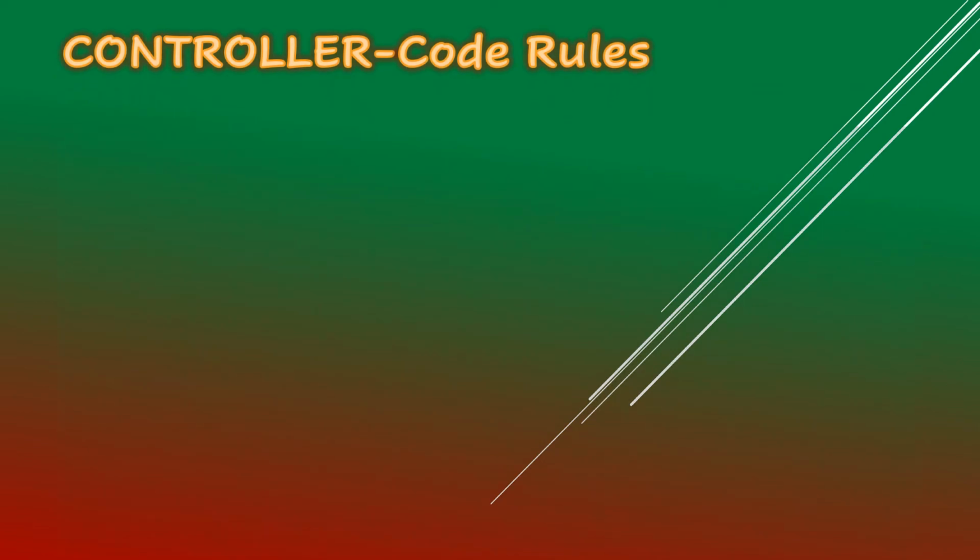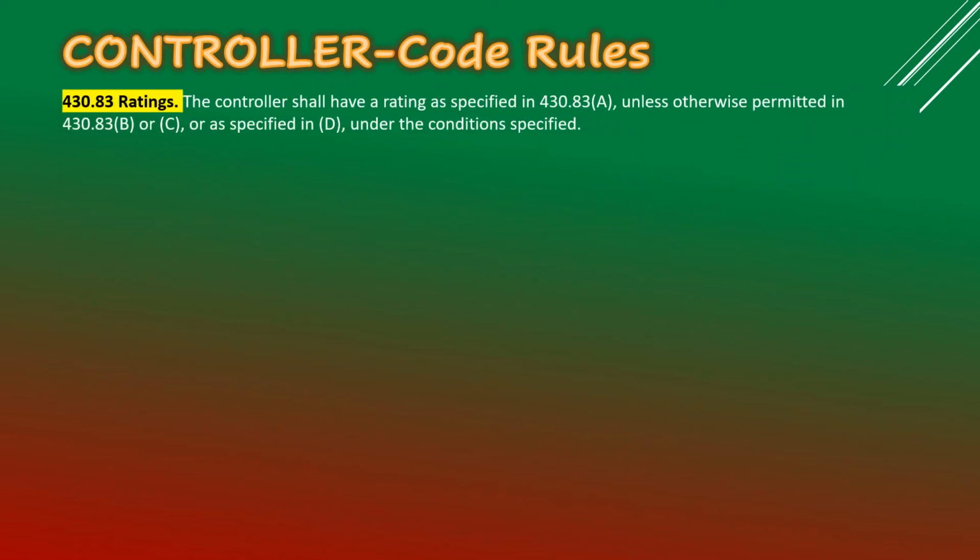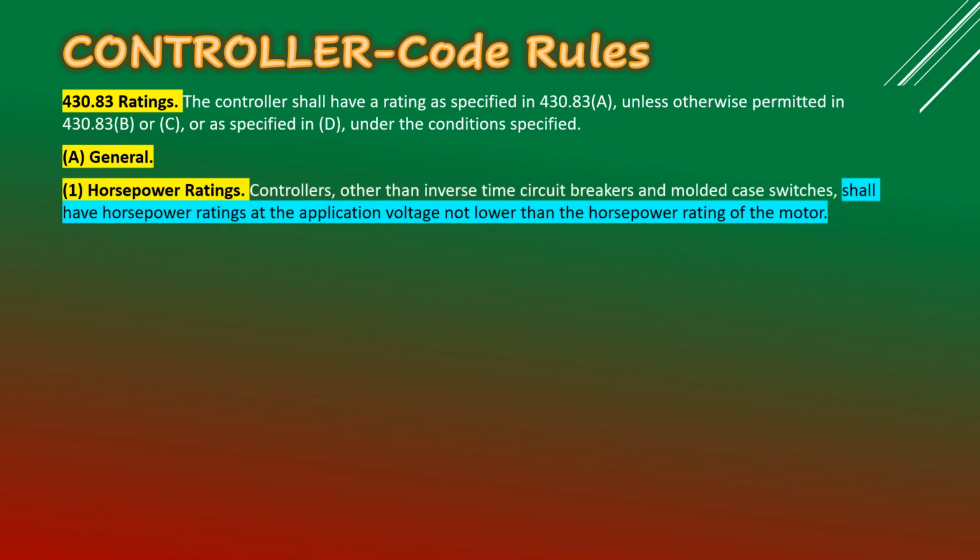For the controller, the code rule on rating: the controller shall have a rating specified in 430.83(A) unless otherwise permitted in 430.83(B) or (C), or as specified in (D) under the conditions specified. General horsepower rating: controllers other than inverse time circuit breakers and molded case switches shall have a horsepower rating at the application voltage not lower than the horsepower rating of the motor.